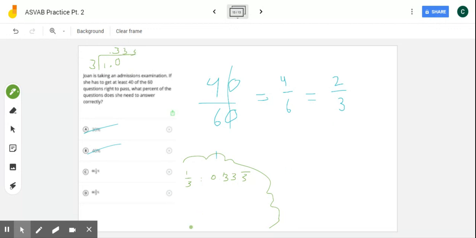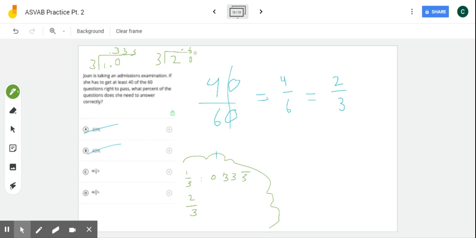Okay, if we do 2 divided by 3, 3 into 2, which is the same problem that we have here. 3 doesn't go into 2, so we have to add a decimal and a 0, bring the decimal up. 3 goes into 20 6 times.